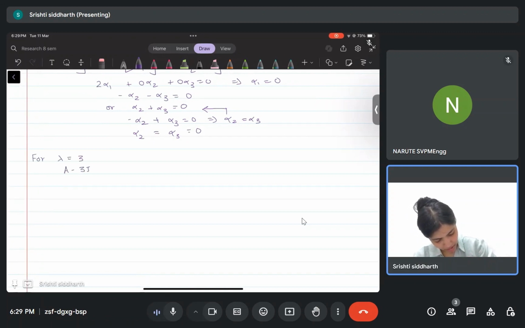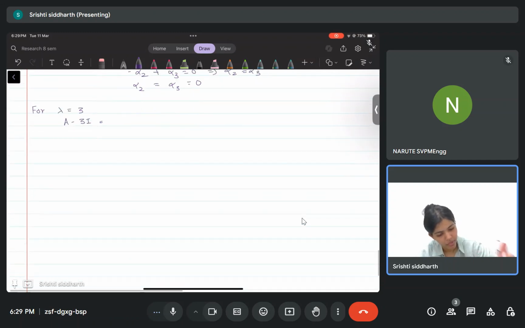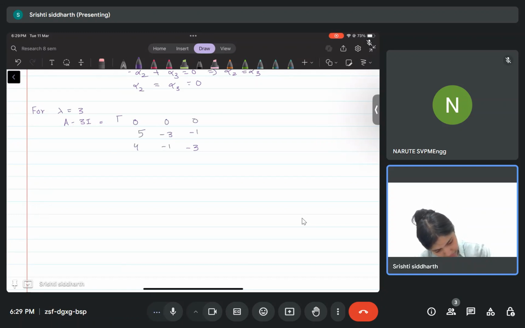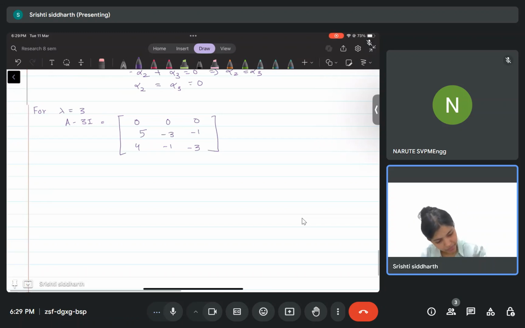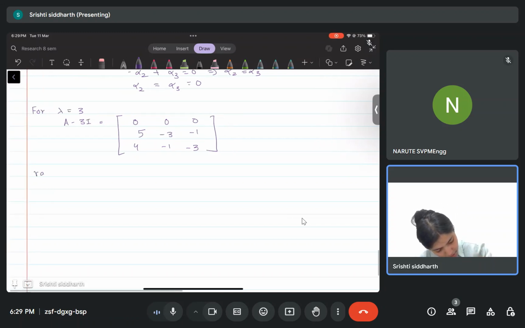A minus 3I is [0, 0, 0; 5, -3, -1; 4, -1, -3], with C as the last row, 1, -1, 1.